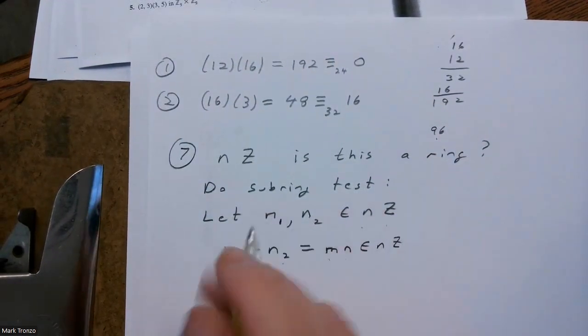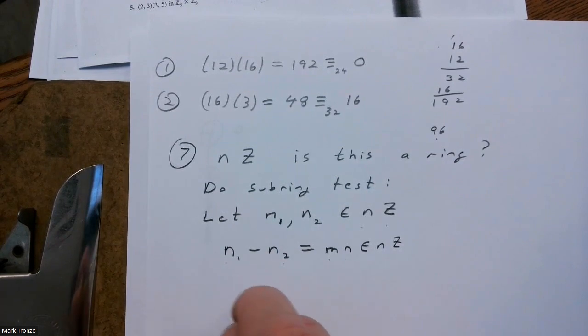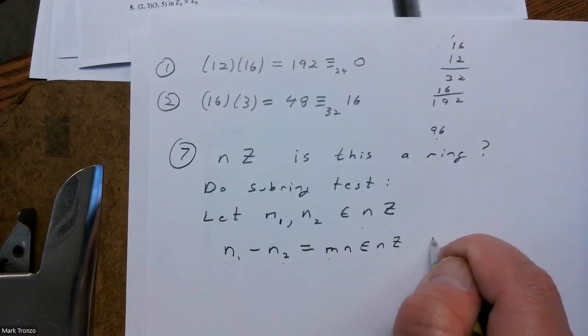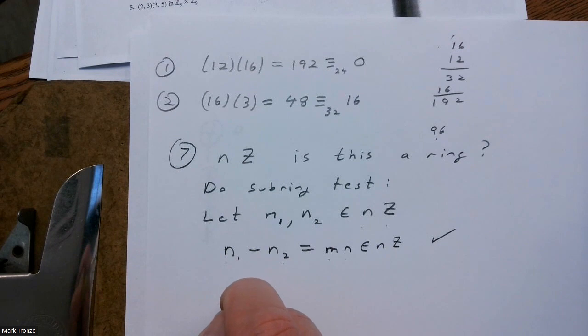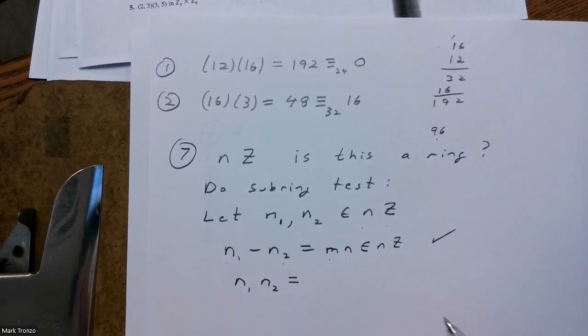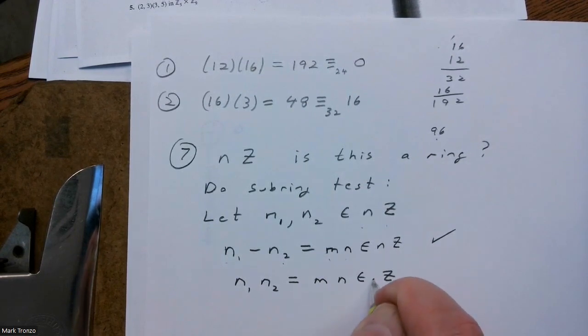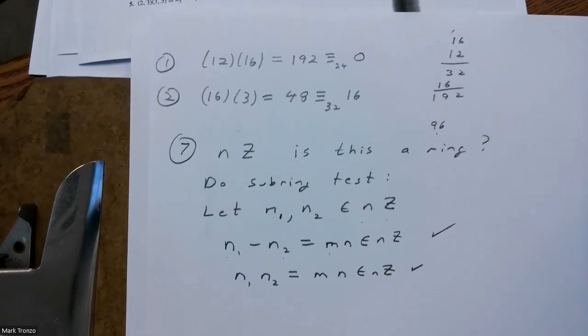And the same is true if we take, remember, that was the first test for a ring. If we take n1 times n2, that's also going to end up being some multiple of n, and that's also got to be in nZ. So it is a ring.